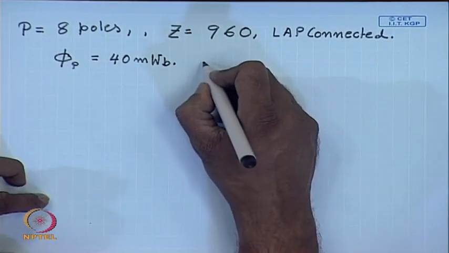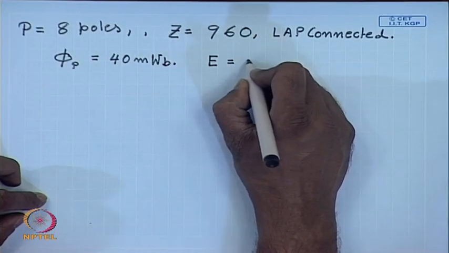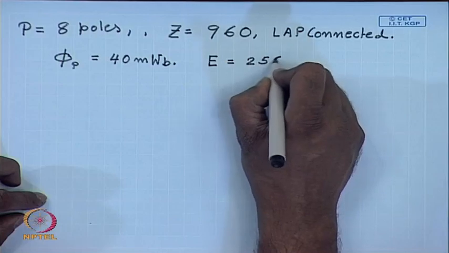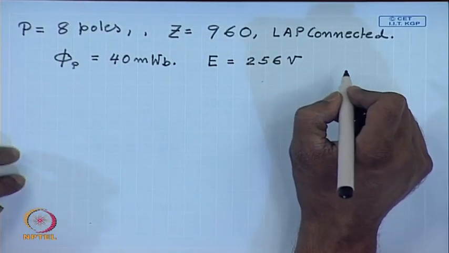If we want a no load induced voltage E of 256 volts, what should be the speed of rotation?